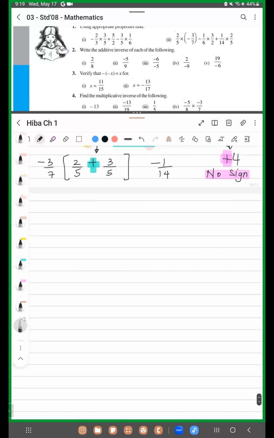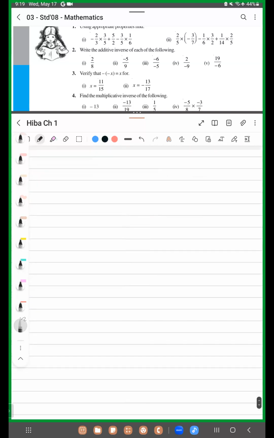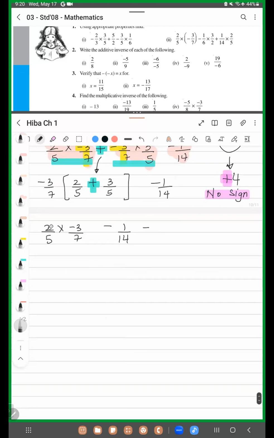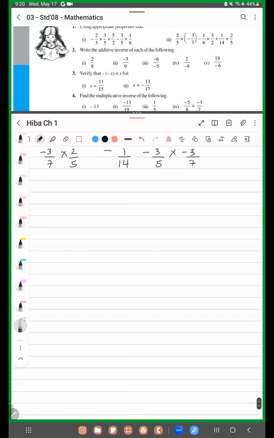Let me give you a similar example. 2/5 multiplied by -3/7 plus 1/14, whatever, minus -3/7 multiplied by 2/5, minus 3/5 multiplied by -3/7. Is this okay?